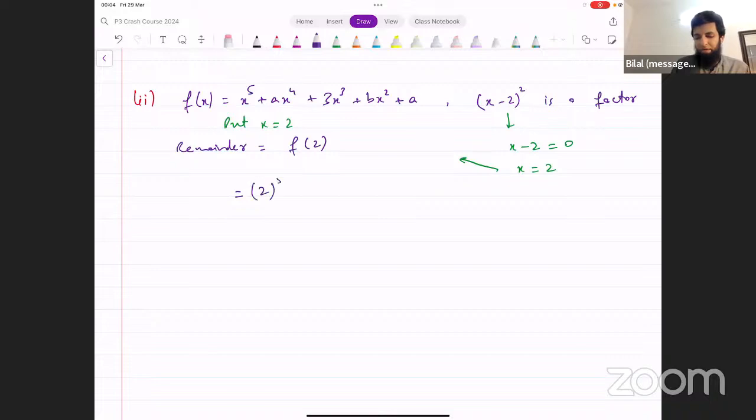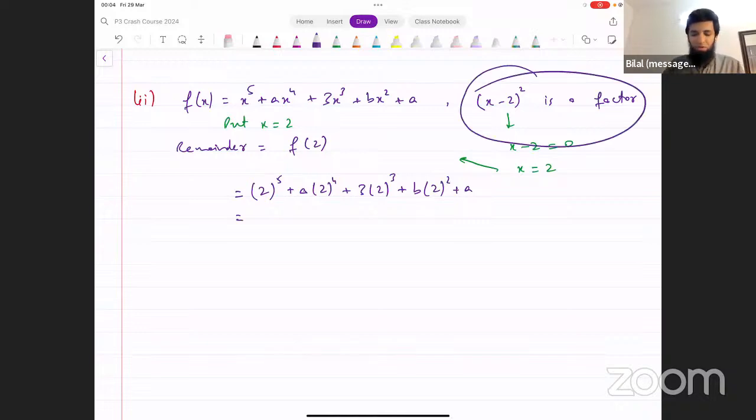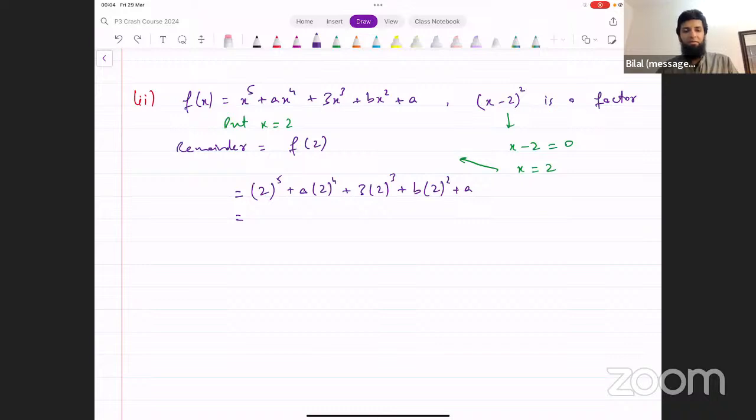What do you get from that? 2 raised to the power 5 plus a into 2 raised to the power 4 plus 3 into 2 cubed plus b into 2 squared plus a. This should give us the remainder. Now, since x minus 2 whole squared is a factor, this remainder should be equal to 0.